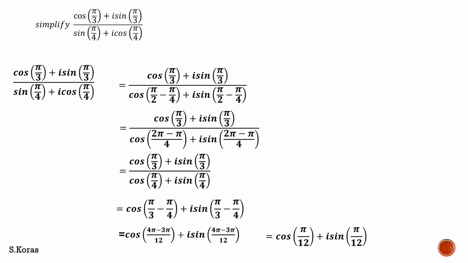In the imaginary part, it should be sine, but it was cos. So these are the three types of problems you may find difficult. If you understand this, you can do any complex number polar form multiplication and division. Practice more examples and exercises. Thank you.